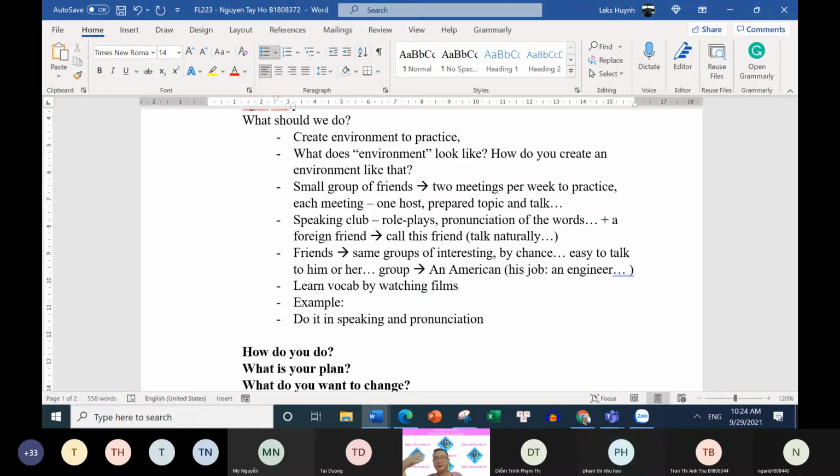So you learn new vocabulary from watching films, right? Yes. How often do you watch movies? Every day I spend about 1 hour or 30 minutes watching films.